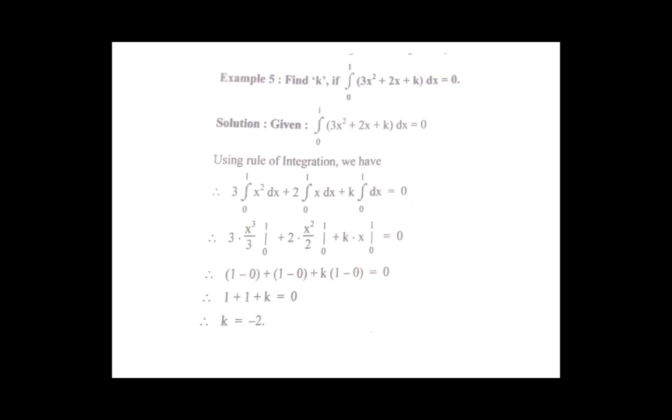Then see the next example. The question is: find k if the integral 0 to 1 of 3x square plus 2x plus k dx is equal to 0.